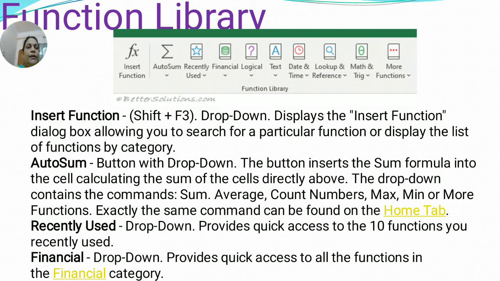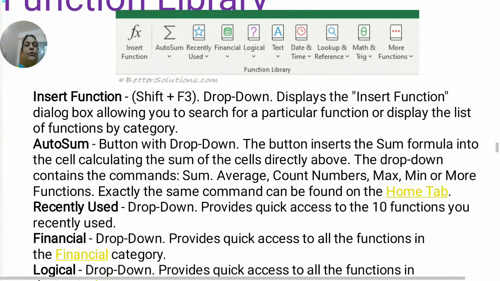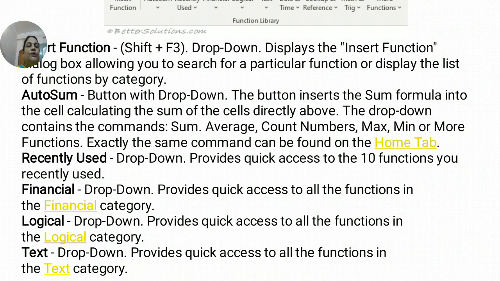There is an arrow below the autosum command, which displays commands like sum, average, count numbers, max, min functions, which you can apply on the values of the cells in the worksheet.